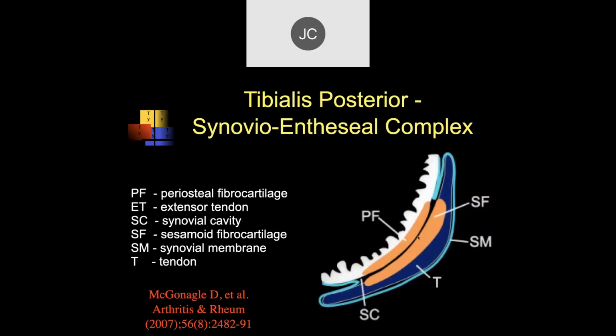And then you have a synovial cavity here, which can fill with fluid when you have tenosynovitis. And then you get some other cartilage formation and membrane. And here's the basic tendon.